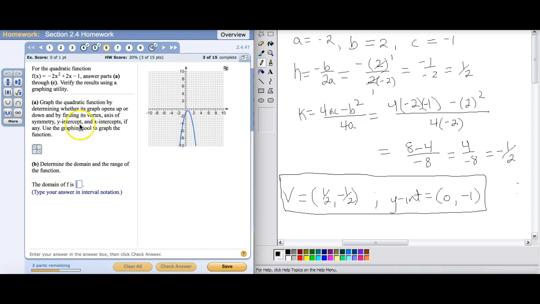And so from that, we also know that our domain is always all real numbers for quadratic functions, unless otherwise stated. And our range, since this is a maximum point on the graph, our y-coordinate will be the highest point. So we'll go ahead and go from negative infinity on to negative 1 with the bracket.